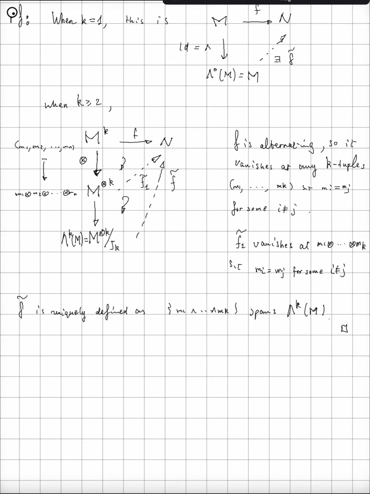So let me put a remark. Why do we use this quotient of tensor product to define this exterior power? We could define it differently. A very intuitive way to define it, maybe also a very common way, would be to consider it as alternating multilinear functions. So I take an example.